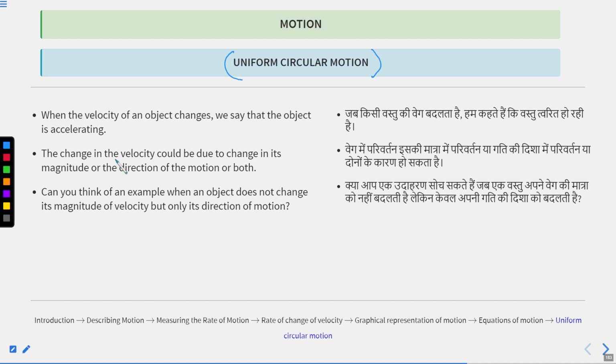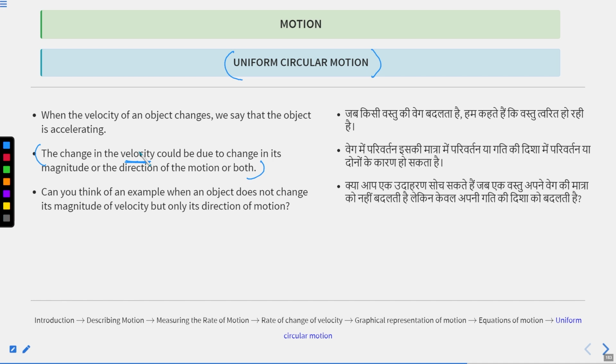The change in velocity could be due to a change in its magnitude or in the direction of motion, or both. As velocity depends on magnitude as well as direction, the change of velocity could be due to a change in magnitude or a change in direction. Clear class? So that's how we can change the velocity of an object.